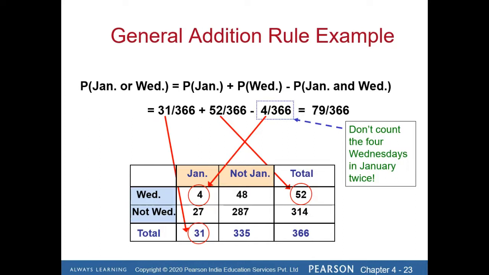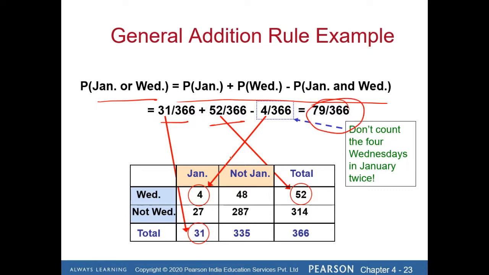For example, January or Wednesday, I have calculated here by using the same general addition rule formula. The January probability, and the Wednesday probability, and then I subtracted the January and Wednesday probability. So what is the probability of January or Wednesday? It is 79 by 365.